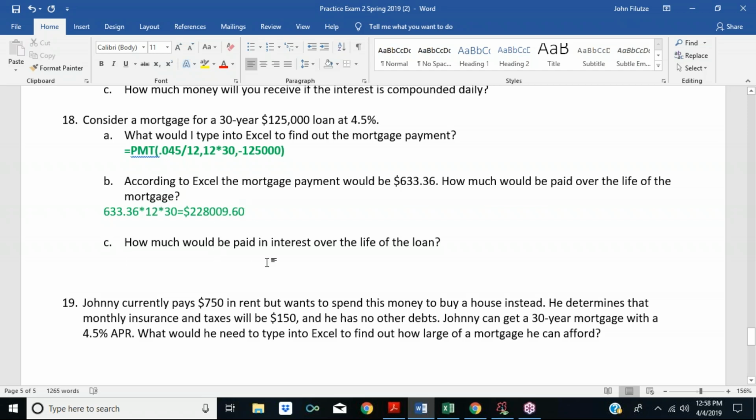So the amount paid in interest is that amount that you paid altogether minus the amount that you borrowed. So 228,009.60 minus the amount you borrowed. And it looks like that much there.